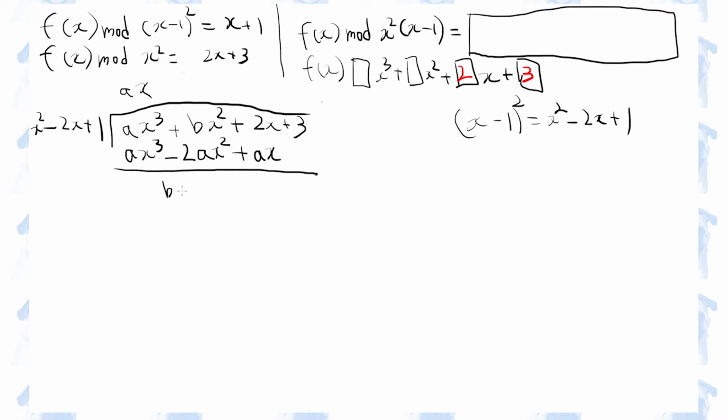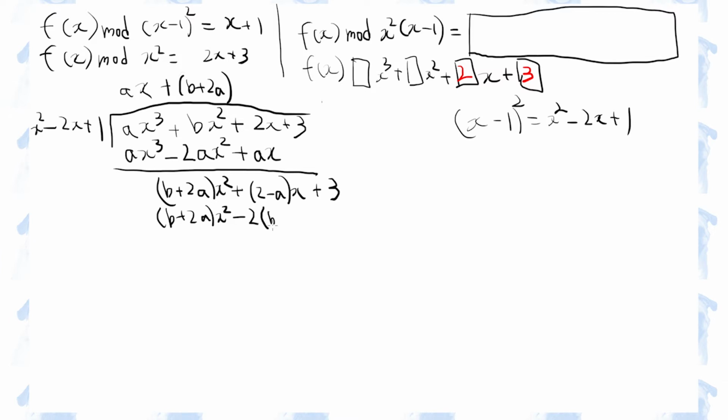B minus minus, which is plus 2ax squared. 2 minus ax plus 3. What is b plus 2a times minus 2x? Minus 2b plus 2ax. And what is b plus 2a times 1, b plus 2a.